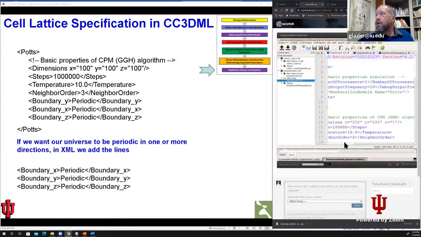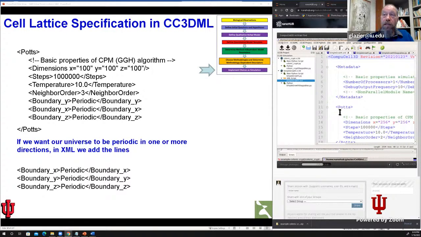if we look at the XML simulation, we will see a section in the XML called Potts, and it's cut off here because of the window size, which will say basic properties of CPM Potts algorithm. And there'll be a line that says dimensions, X equals 100, Y equals 100, Z equals 100, or X equals 256, Y equals 256, Z equals 1. So that specifies the size of the lattice.